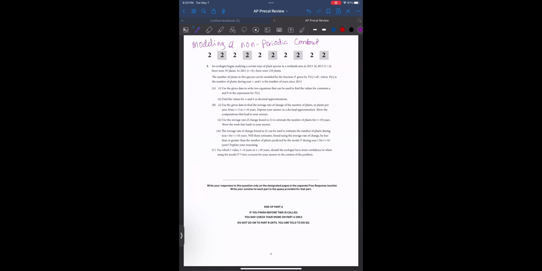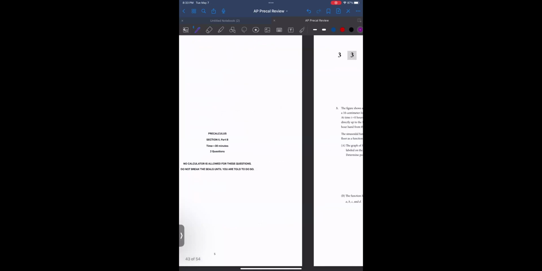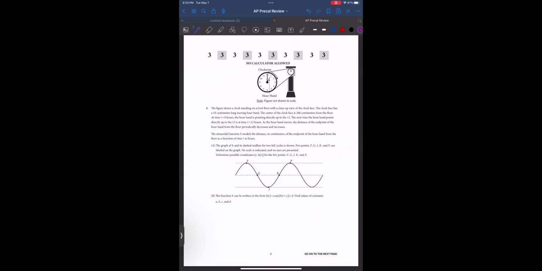I don't know if we talked about this before, but what is a non-periodic context? It's basically not trig. It's a non-trig context.